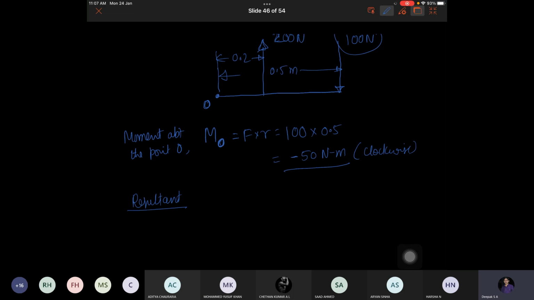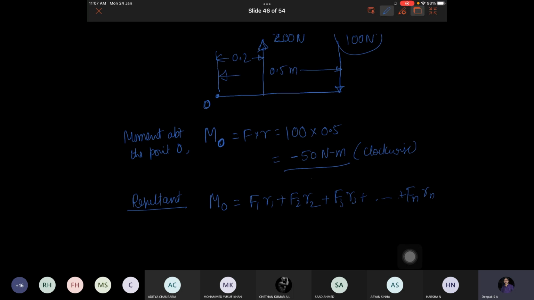See, I will show you. Moment of all forces about point O is equal to, now if more than one force is there, you have to take F1 R1 plus F2 R2, like that. If n number of forces are there, F3 R3 plus so on, up to Fn Rn.